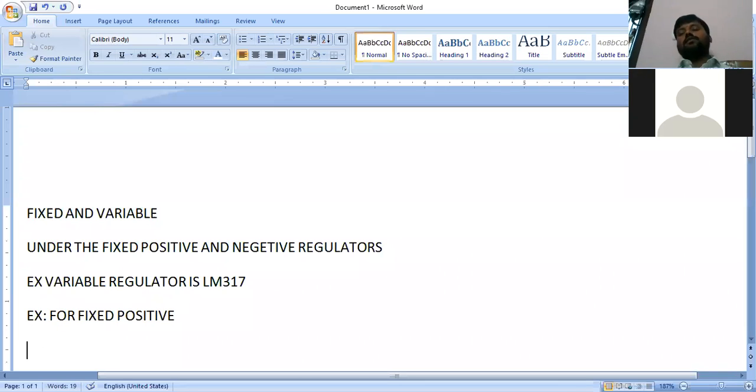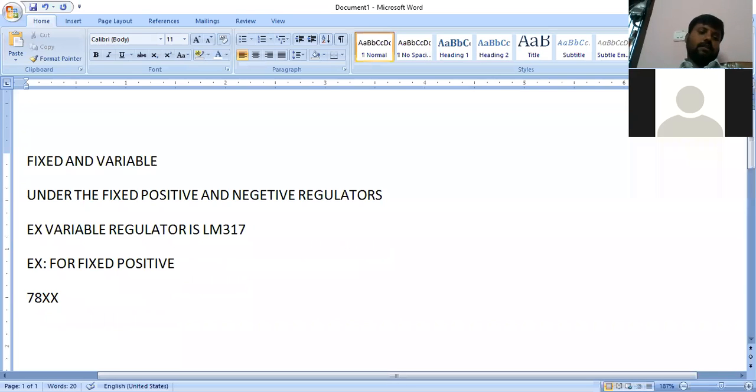All the fixed positive voltage regulators are starting from 78XX. It is given by 78XX, so the XX ranging from 05 to some 30s.